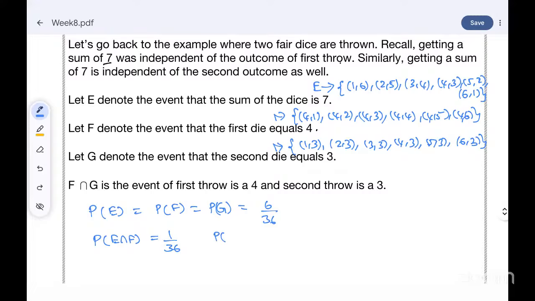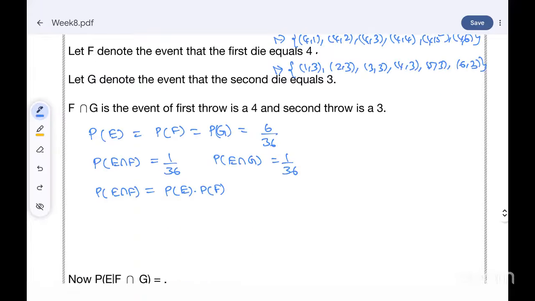What is probability of E intersection G? Again, 1 by 36. So you can see that probability of E intersection F is equal to probability of E into probability of F. Is that correct? The first one, is this condition satisfied? So here also you have 1 by 36. Here also you have 1 by 36. Correct?